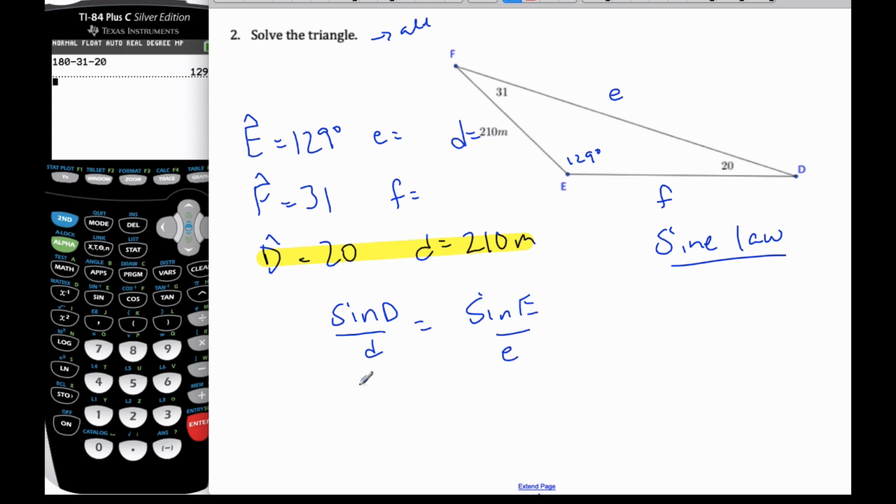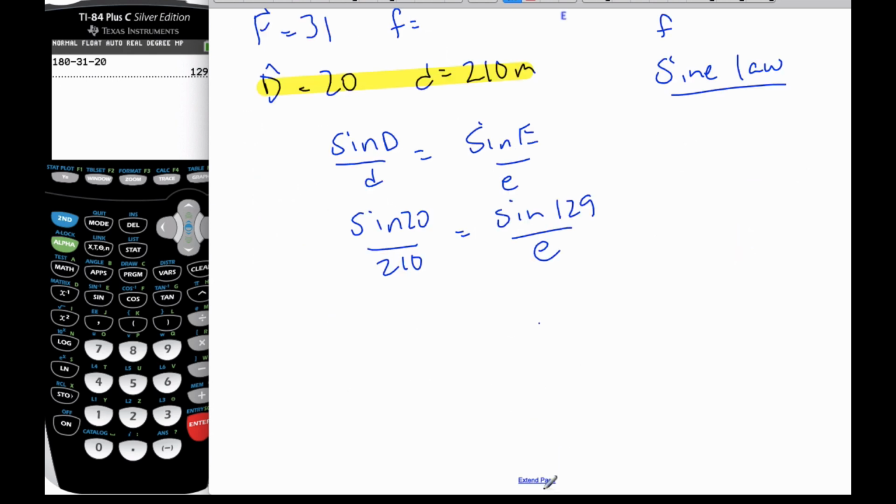Okay, so plugging values in, the sine of 20 over 210 is equal to the sine of 129 over e. To solve this, I cross multiply and get e sine of 20 equals 210 sine of 129, dividing by the sine of 20 on both sides.